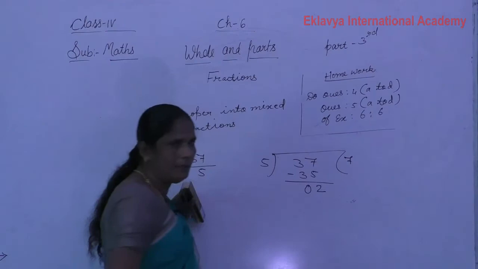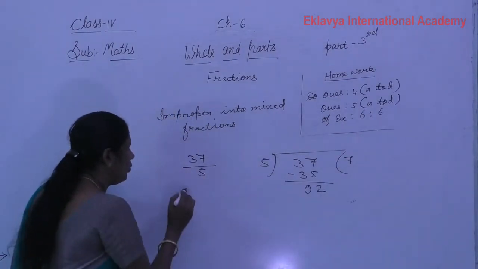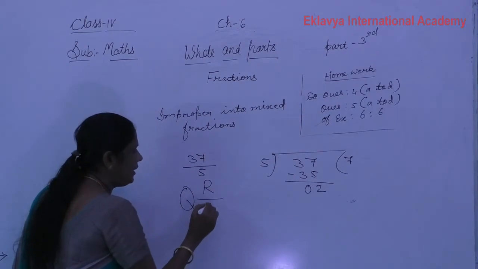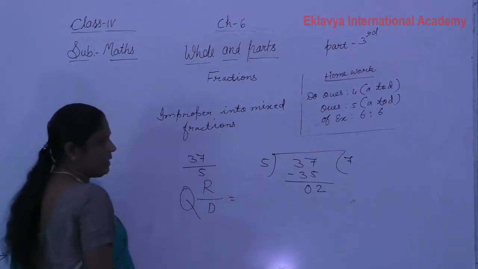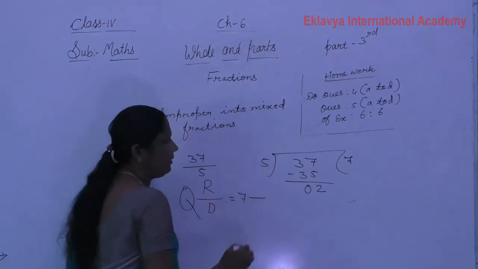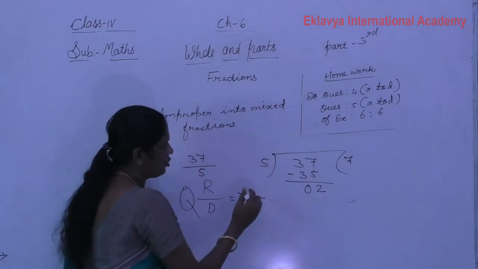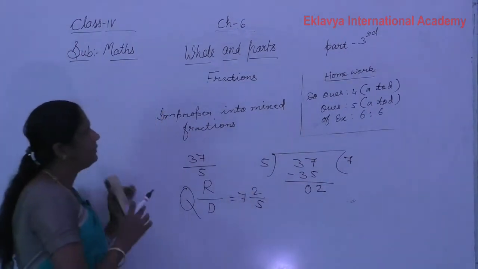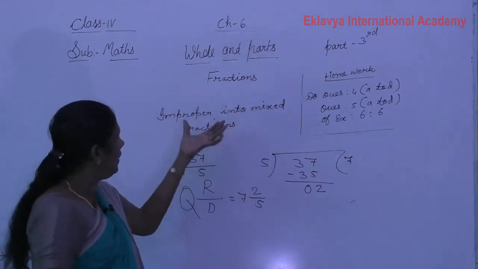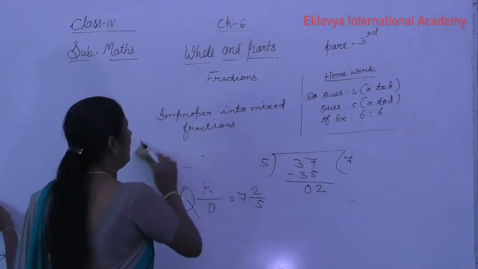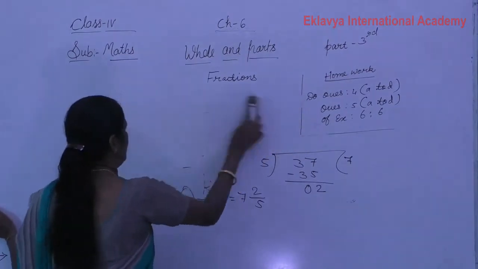Then what is the formula? Quotient, remainder and divisor. Quotient is 7, our remainder is 2, our divisor is 5. This is the improper into mixed fraction. Now comparing the fraction.